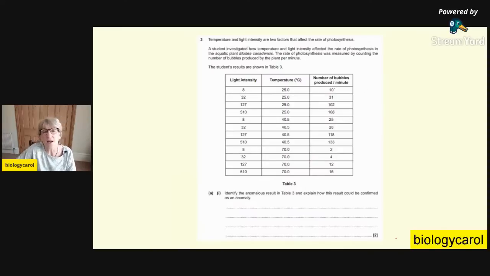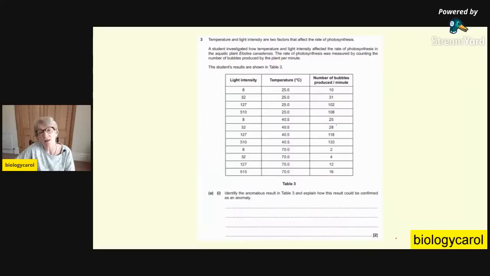So I was running down these. You would expect that at each temperature, as the light intensity increased, the number of bubbles increased. And that is what happens. So I went back and looked at the numbers again, because I'm spotting an anomaly. There should be something way out. Here we have it going up and plateauing.